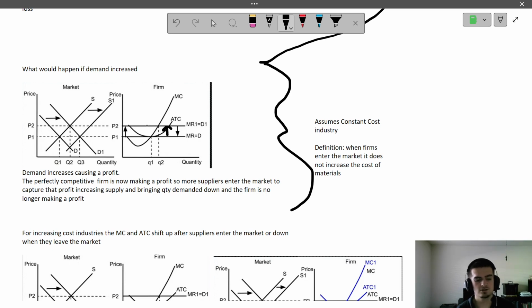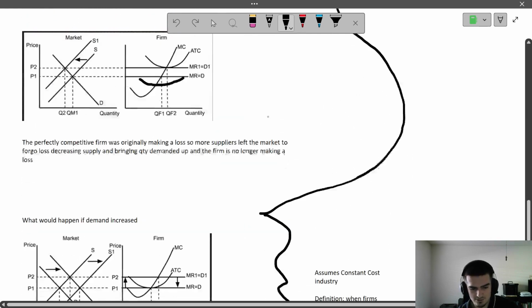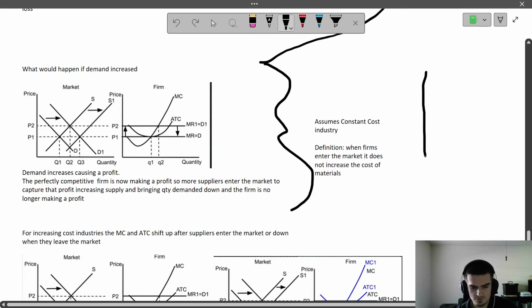Yippee, right? So more demand increases this price. I should probably draw it, so I don't confuse you all.